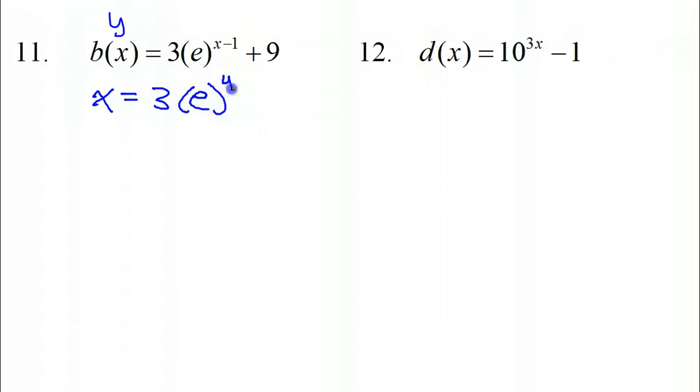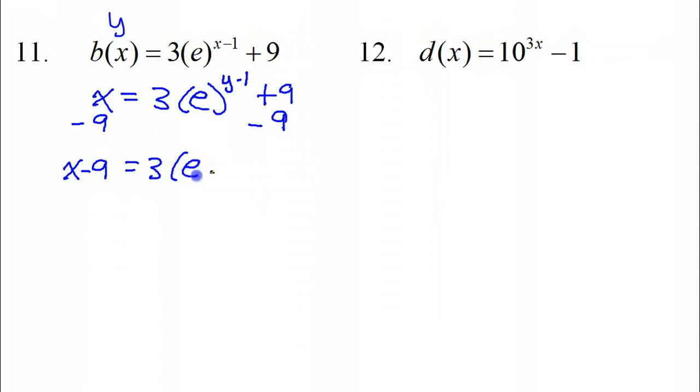Before we can write log form, we have to get the base and power by itself. So we have to get rid of the 9 and the 3, starting with the 9. So let's subtract 9 from both sides. That's going to give us x minus 9 equals 3 times e to the y minus 1 power.